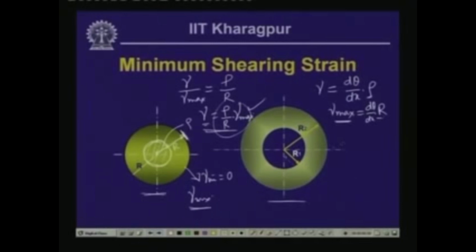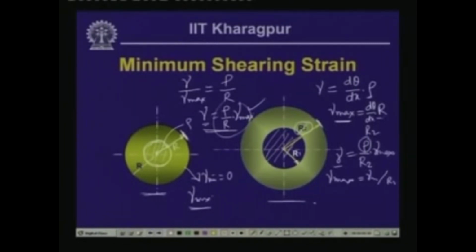Now, in case of a tubular shaft, gamma in terms of rho at any radius divided by the outer radius, here r2, is gamma equal to rho by r2 times gamma max. When rho becomes r2, the value of the strain is gamma max, which is on the outer periphery. Since we do not have any material at the core, the material starts at a distance of r1 from the center.